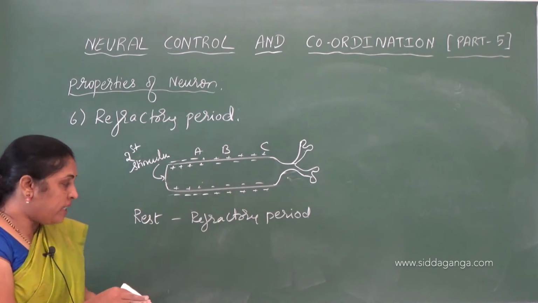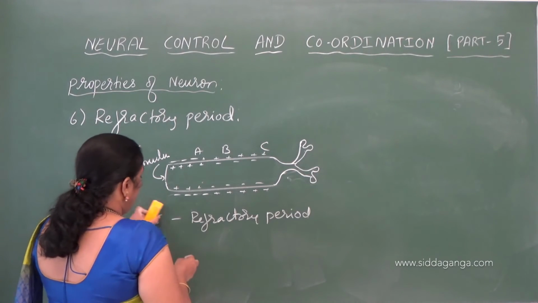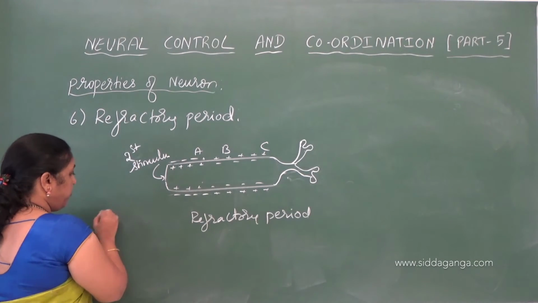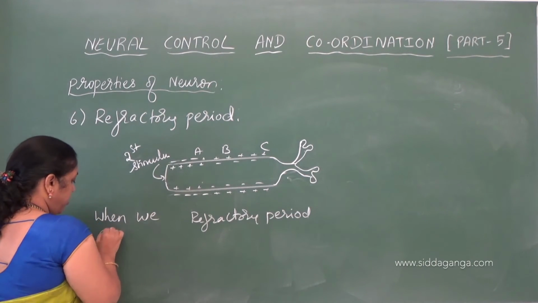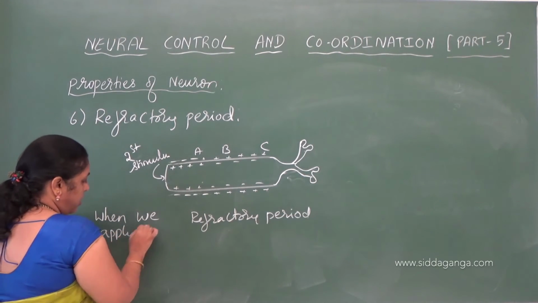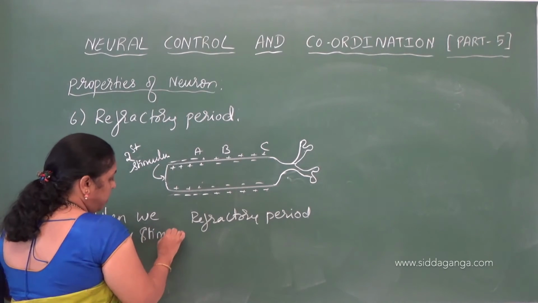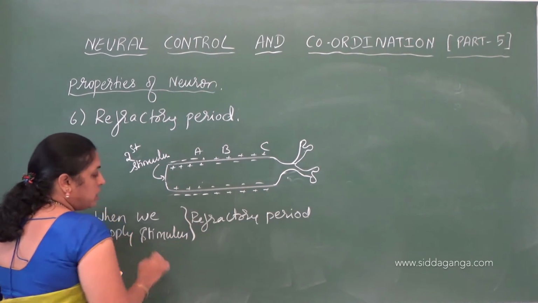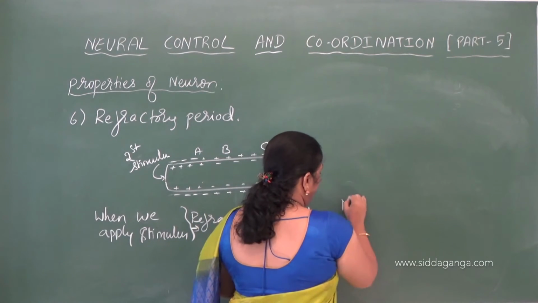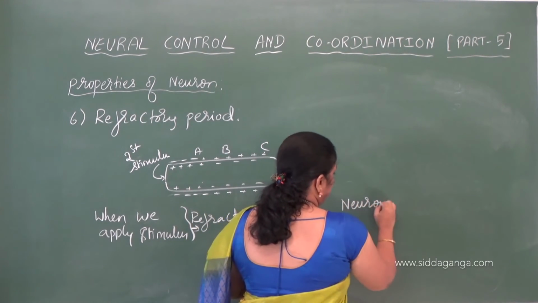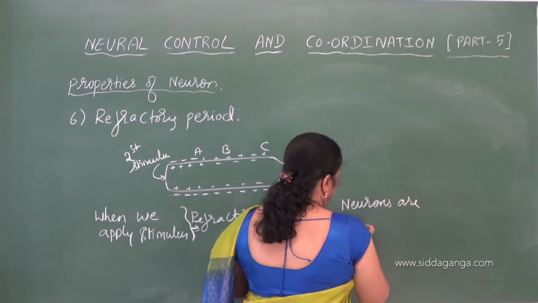When we apply stimulus in the refractory period, nerves are not excitable or conductible.